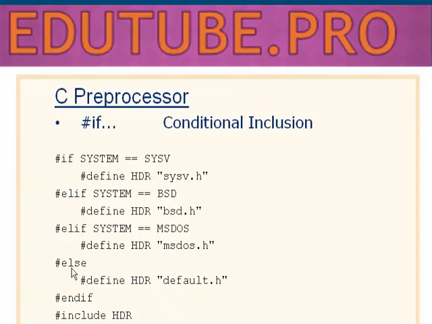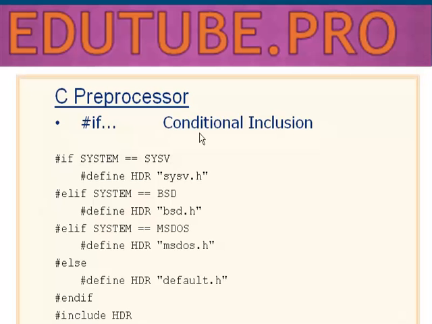Notice this works just like the if and else if that we had in the C language itself. Else will #define header as default.h. Then we have an #endif that closes this up, and we include whatever header is defined as now, which is in that case default.h, or it could have been any of these values based on what the system value was as we came into this set of preprocessor statements.